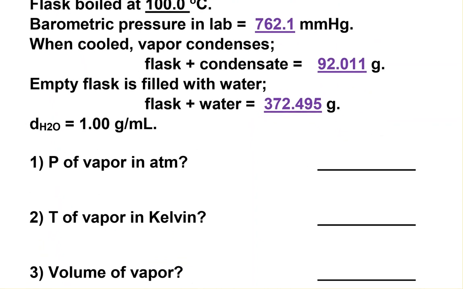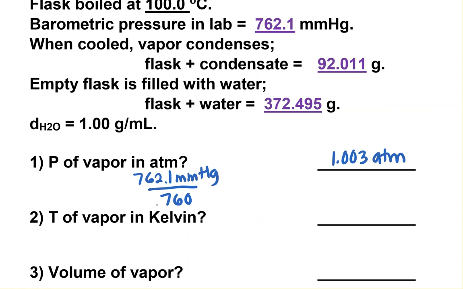So first we're going to do our pressure in atmospheres. As we said, this is from above. I told you the barometric pressure. And to get it to atmospheres, we divide by 760. And again, this millimeters of mercury has 4 sig figs.